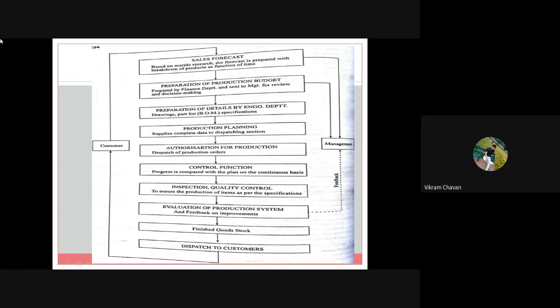So it's my humble request, please don't miss the sessions. These are the most important sessions from the campus drive perspective. So try to attend all the sessions. Don't miss any session.